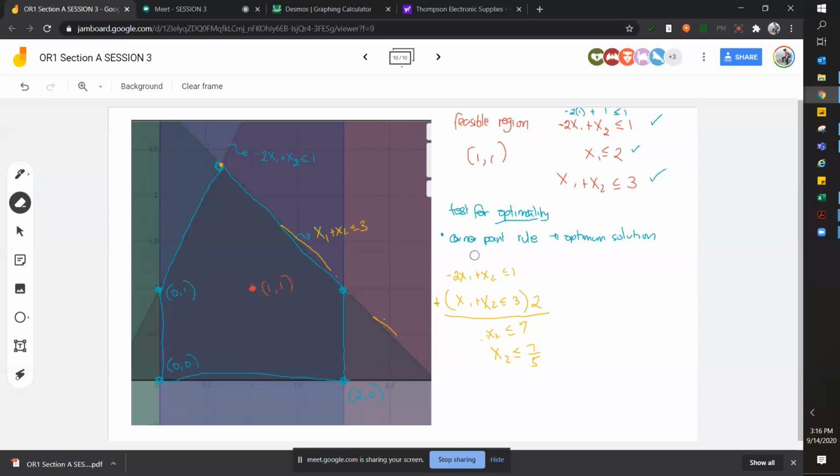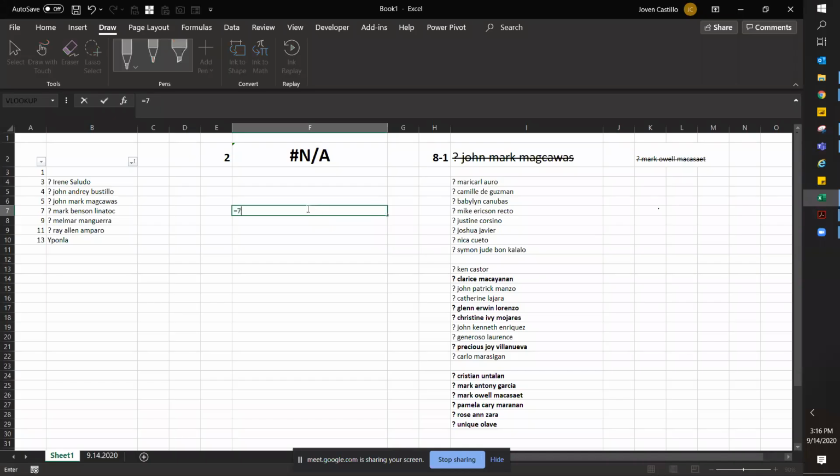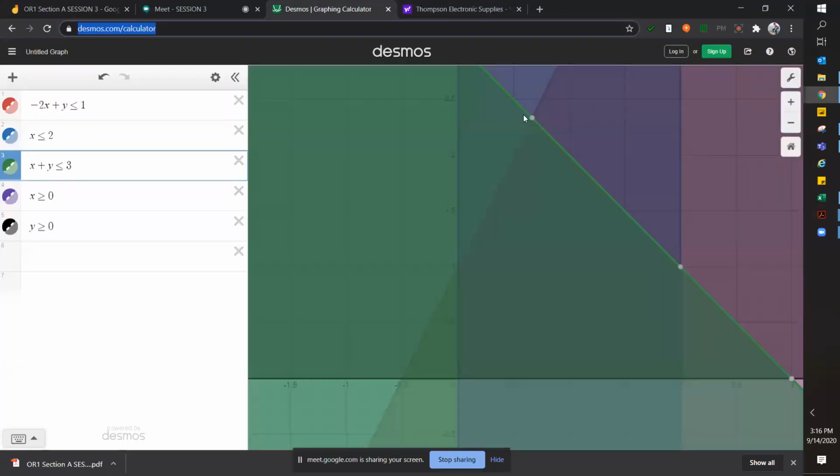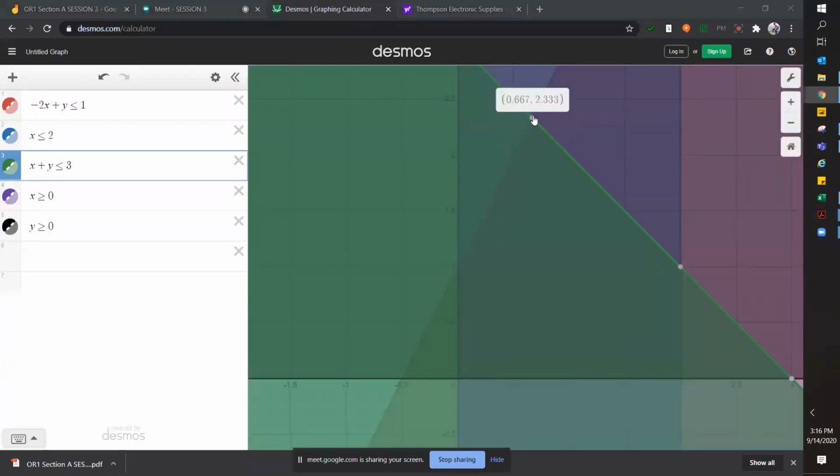So, we have 3. Sorry. Tama po, 3. 1 plus 2x sub 2. So, 3x sub 2. 7. 7 over 3. Which is, hopefully, kung babalikan mo dun, that's the 2.33.